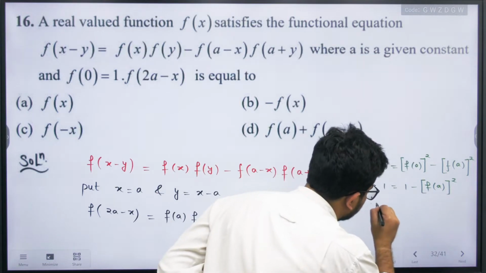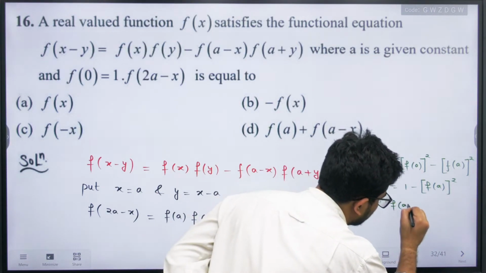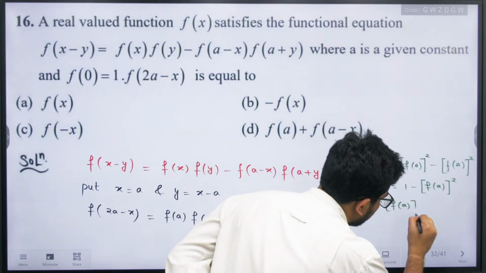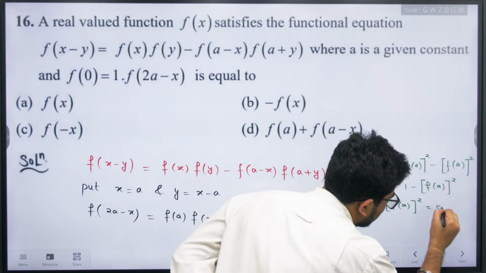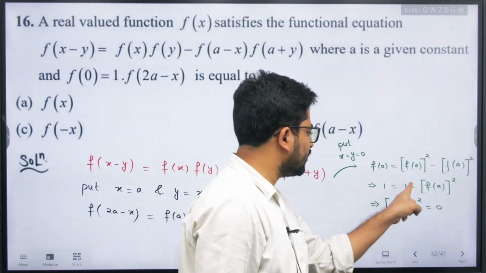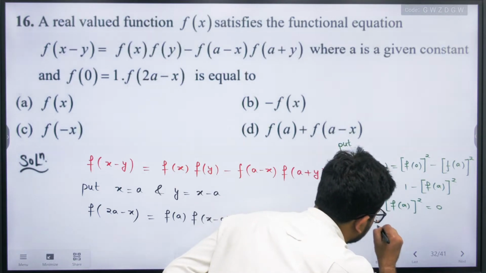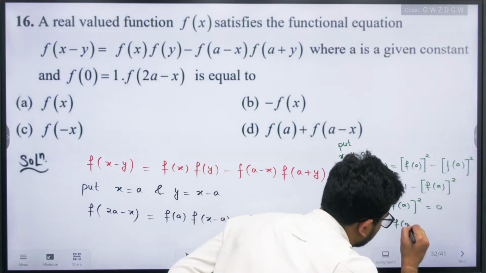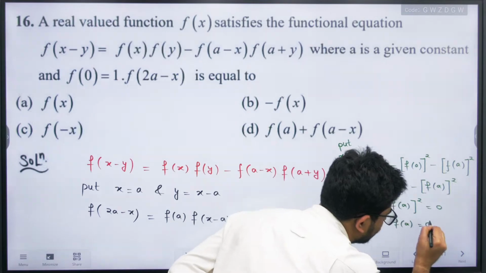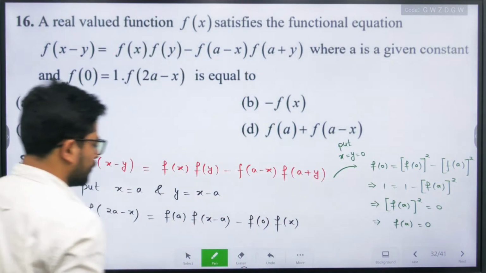When you calculate, if you cancel 1 by 1, you will get f(a) square is equal to 0. So if f(a) square is equal to 0, it means f of a is equal to 0. Got it?